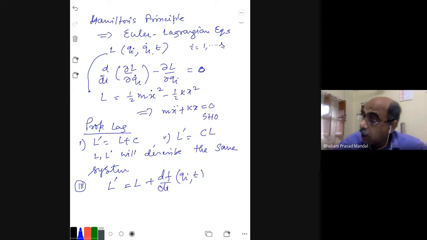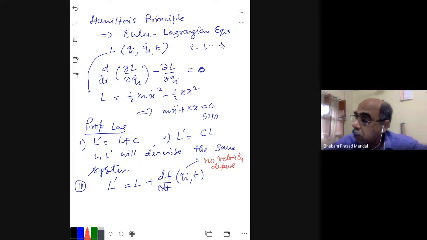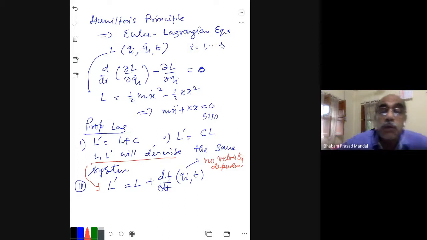This is a total time derivative of a function which is a function of coordinates and time, no velocity. So notice, no velocity in f. Then also I'm going to show that L and L prime will describe the same system. This needs proof, and I'm going to prove this.